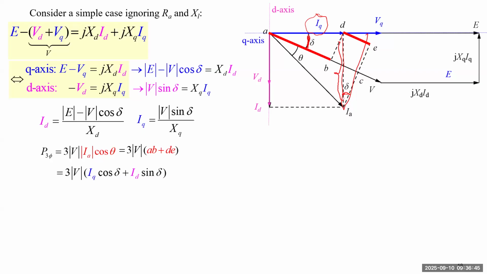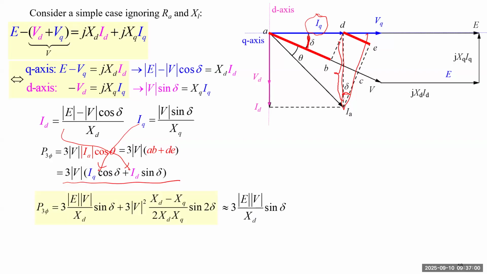So we'll get this second expression. From here, we can just plug in ID and IQ, and you only need to do a little simplification. You can easily get this accurate formula to calculate the active power, the 3-phase active power, for a cylindrical rotor generator.